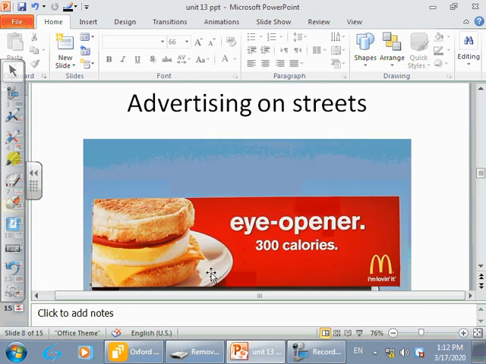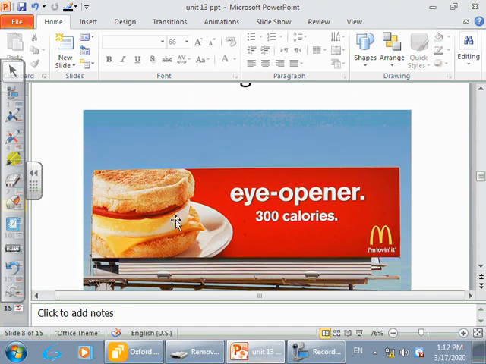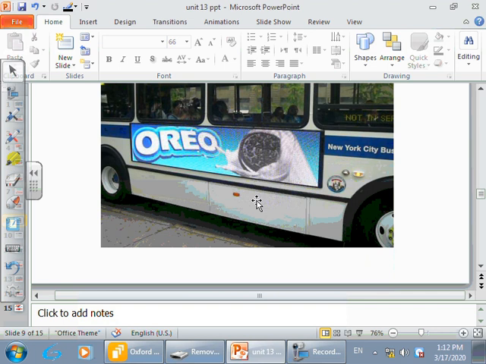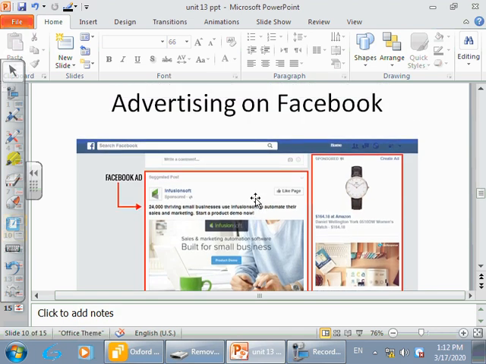Here we have advertising of McDonald's, advertising of Oreo biscuits, and you can find the advertising stuck on the buses. Advertising on Facebook. You can find them everywhere. Here, there's an advertising for a watch.